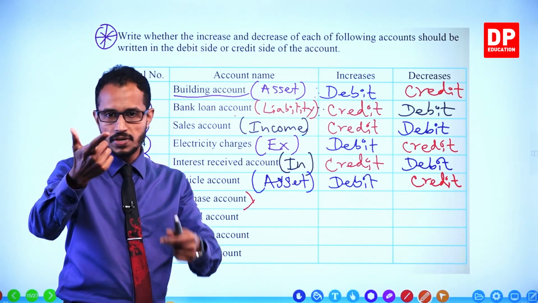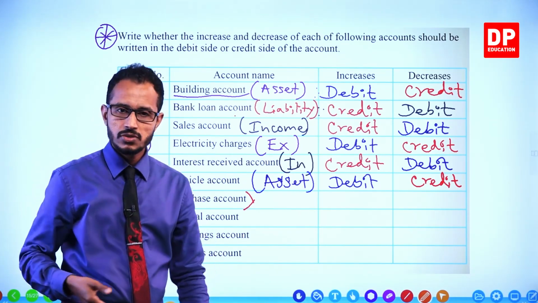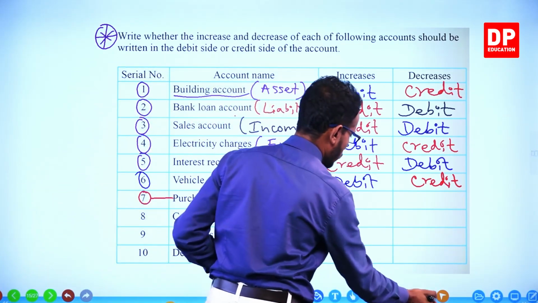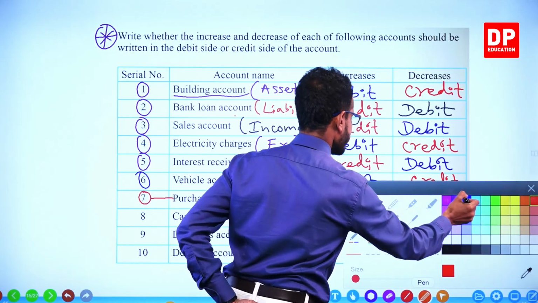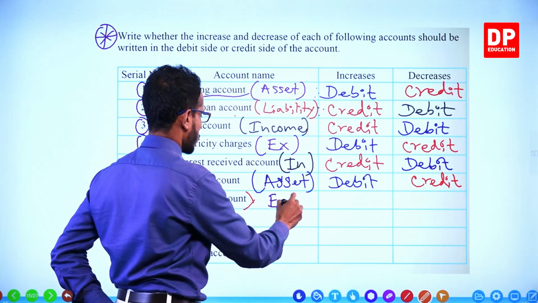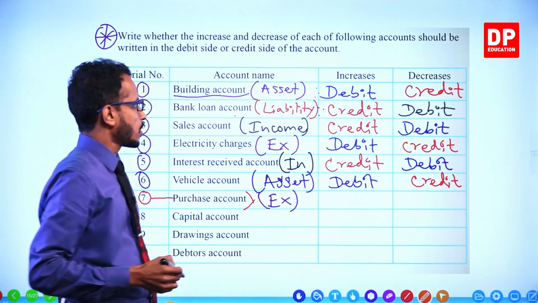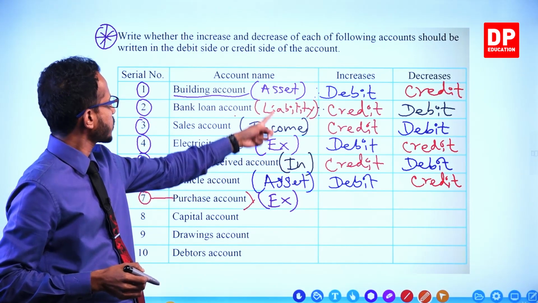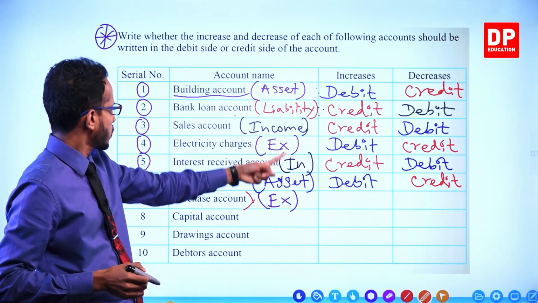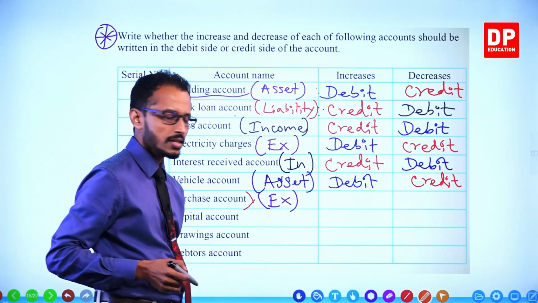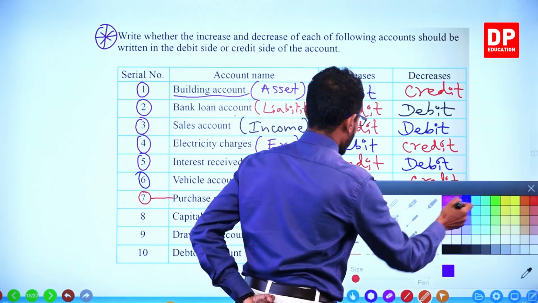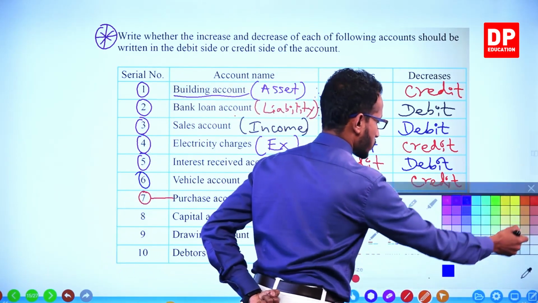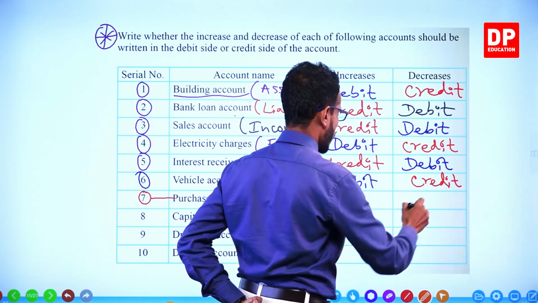Money goes out. Expense account. That's right. Good thinking. Then expenses act the same as assets. So increasing debit. I'm going to write DR only, and for credit, I'm going to write CR.